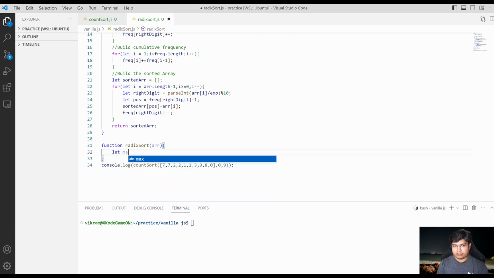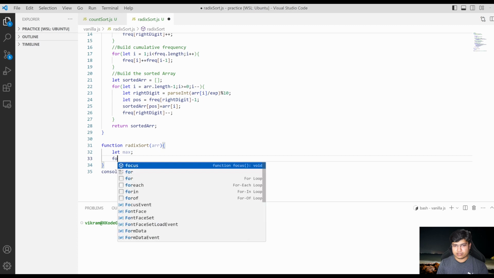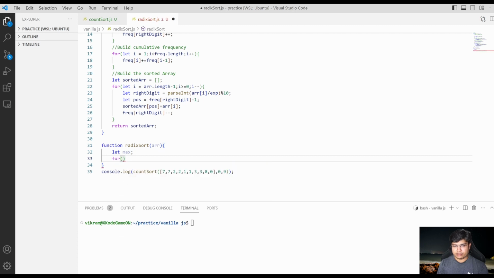Let's start with max, because this is what I need to do as a first step. I need to find the maximum number in this input set.